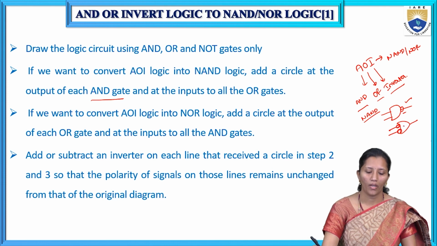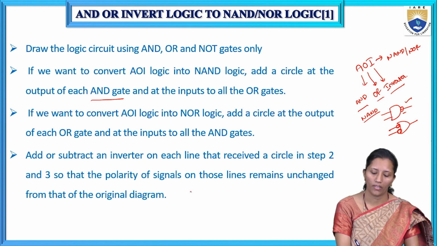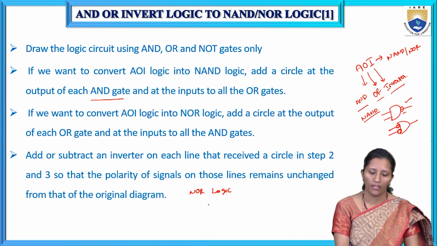Okay, if we want to convert AOI logic into NOR logic function, first, whatever the Boolean function is there, we have to draw that in terms of AND OR NOT gates. In that logic circuit, if we have AND gates, OR gates and NOT gates, for NOR realization we have to represent that Boolean function in terms of only NOR gates.